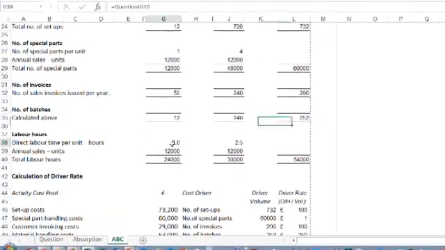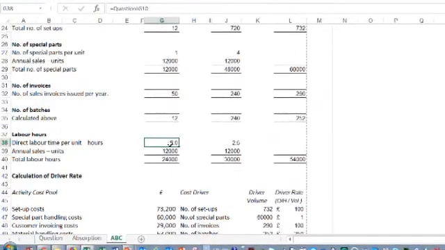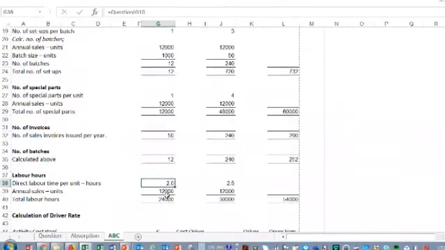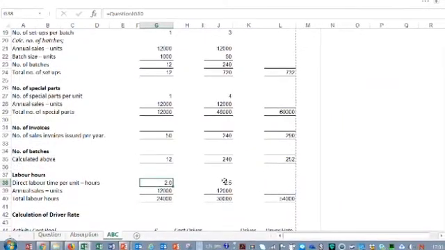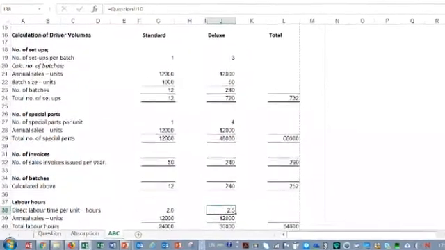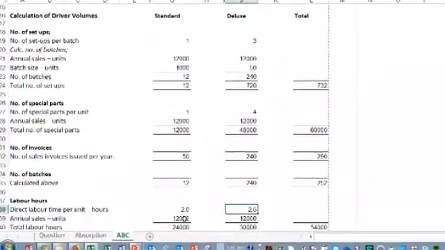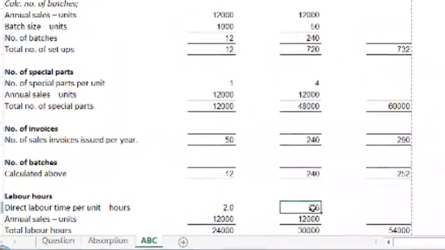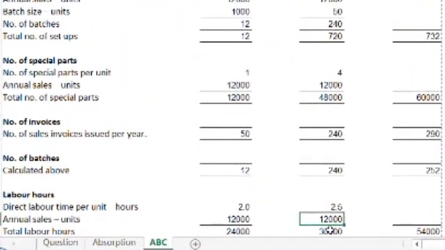Labor hours we have already worked out in the absorption costing part of the question. We know that 2 hours per unit are needed for standard, while 2.5 hours are needed for the deluxe version. Annual sales are 12,000, so 12,000 times 2 is 24,000 and 12,000 times 2.5 is 30,000.